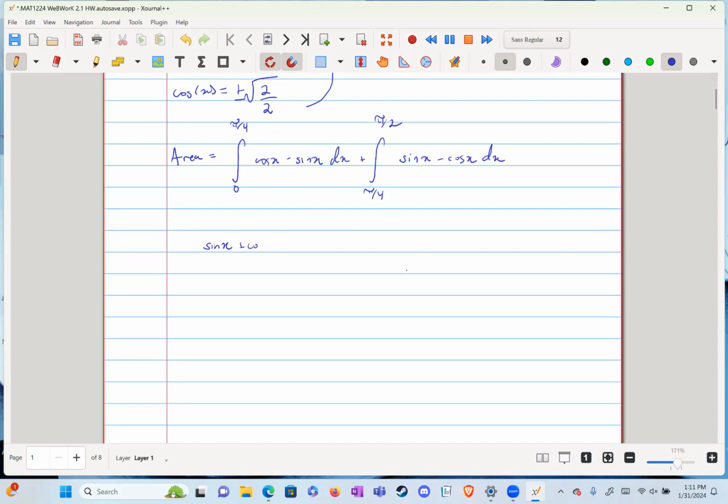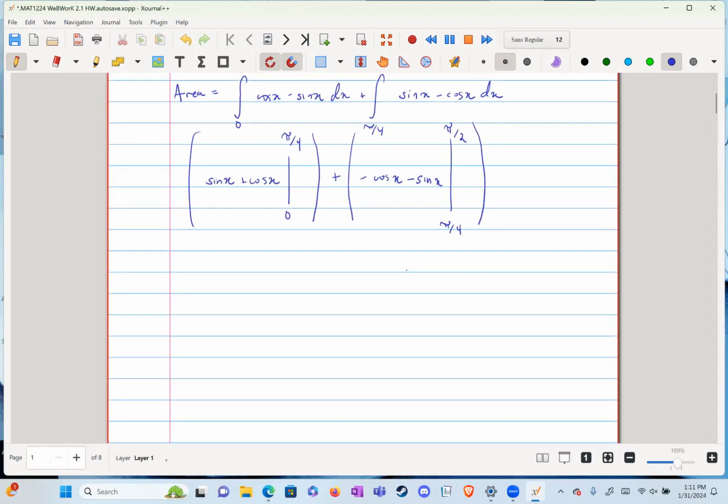So here we go. Perfect. That's our first integral. Second integral, sine, negative cosine once again, and then negative cosine is just going to still be negative sine. Perfect. Now we're just going to plug in our bounds.